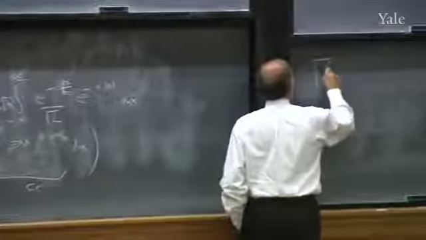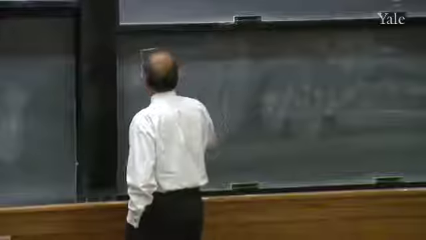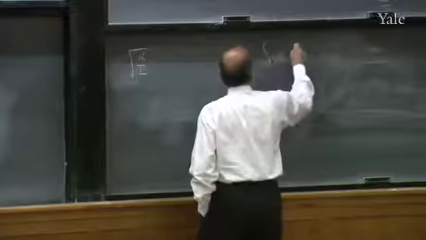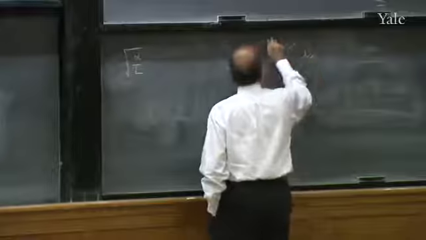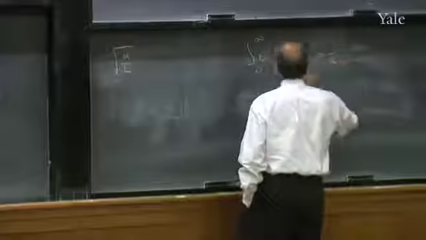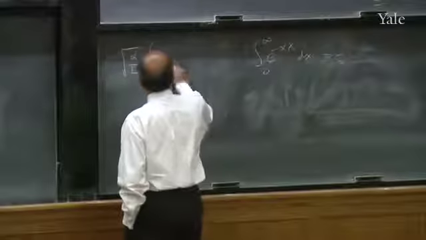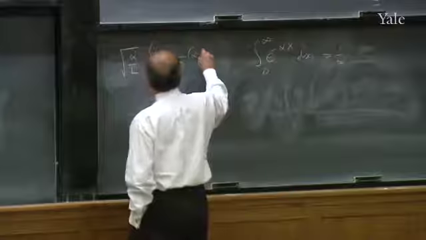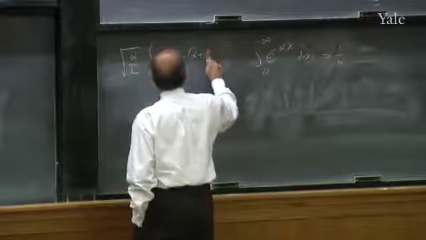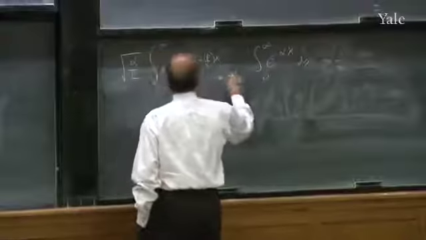I get square root of alpha over L times, remember, the integral of e to the minus alpha x dx from 0 to infinity is 1 over alpha. But what I have here is the integral of dx e to the minus alpha plus IP over h bar x, 0 to infinity, plus the complex conjugate.